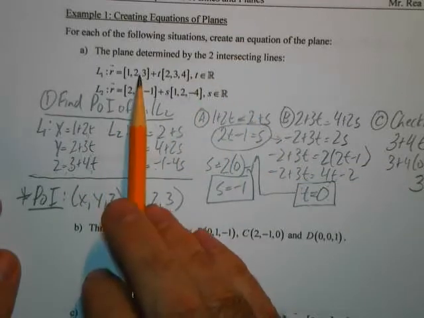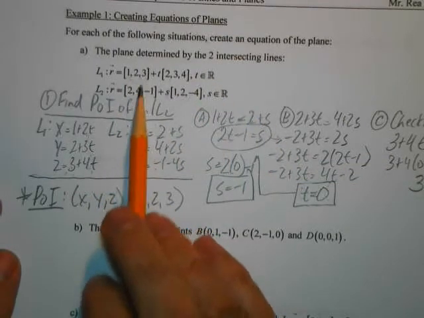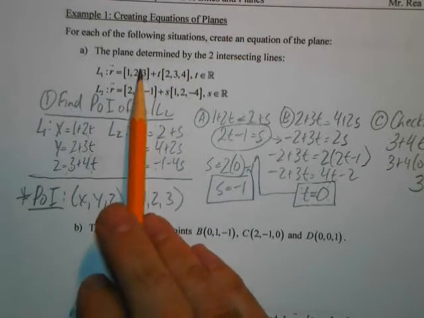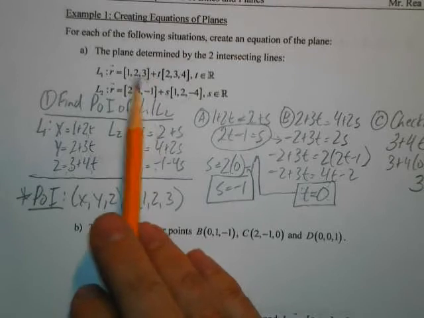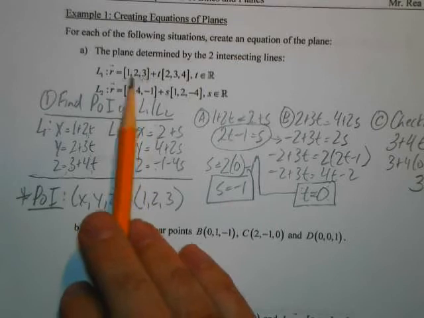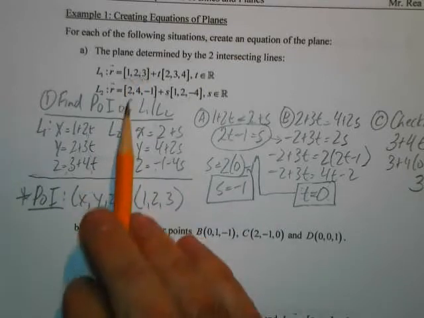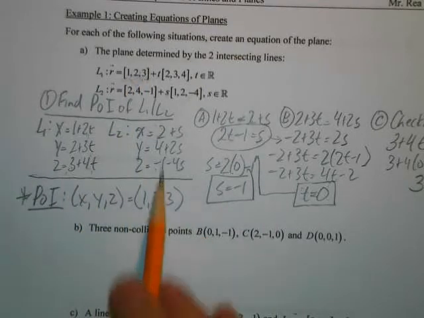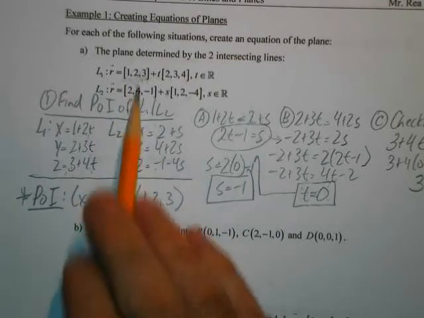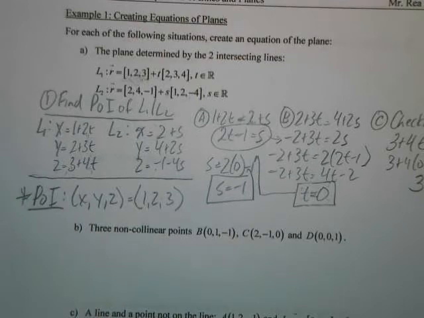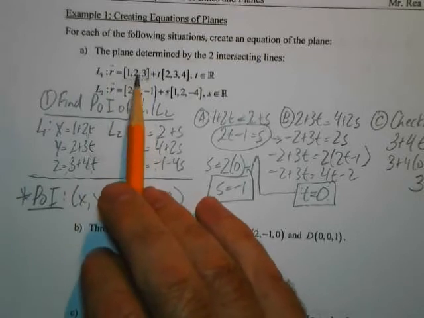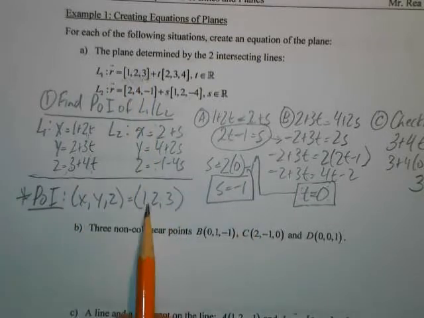It is true that that point is shown here, but you can't assume that the position vector defines a point that's on the plane. You only know that it's a point on the line. So you have to do this process anyways. You can't second guess and say, well, we could have just looked here. Well, that's not true, because it could have been an infinite number of points on the line, and that just happened to be the one that was the point of intersection.